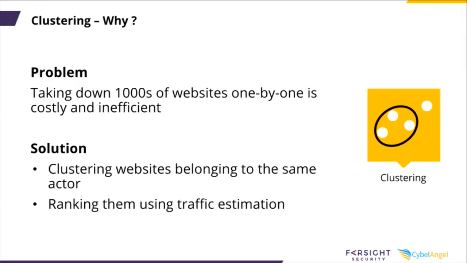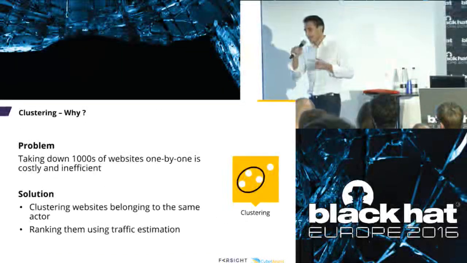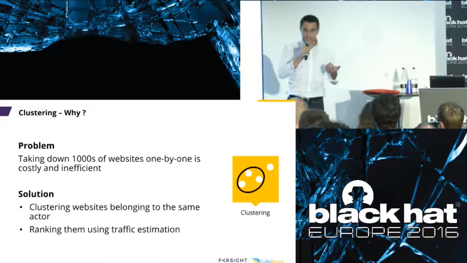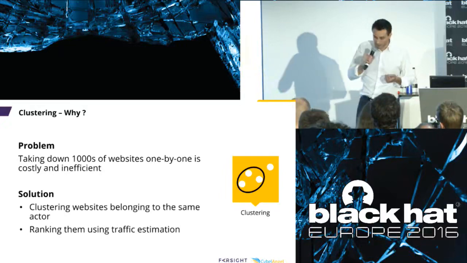And because we have very valuable information given in the Farsight passive DNS stream, a traffic estimator of the number of visitors visiting the website, or actually doing the DNS query, but it's correlated to the number of visitors. And because they are marketplaces, it's directly correlated to the revenue they make. So you can target first the organizations that make the most revenue.